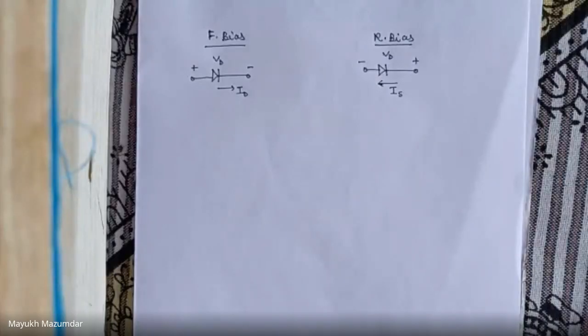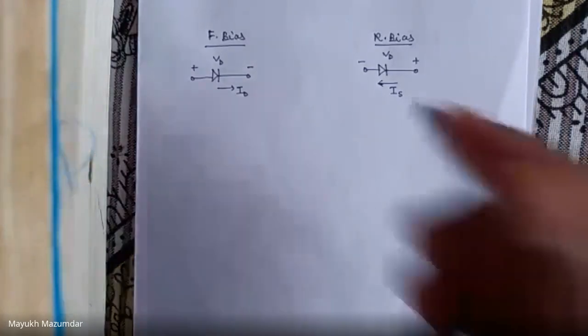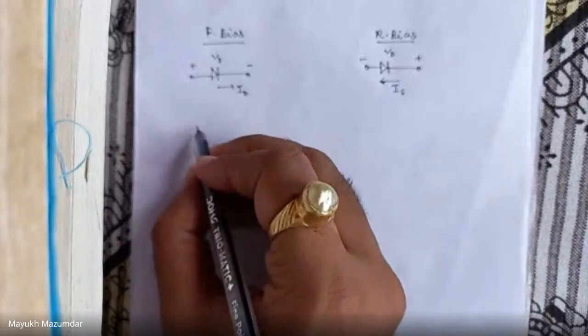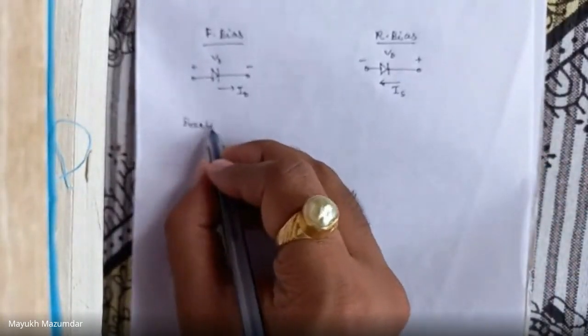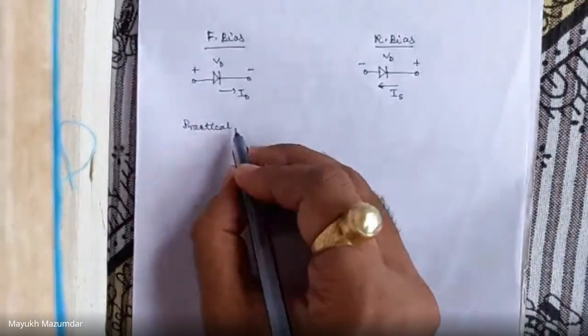Only a diode, not ideal or practical. Now will come the case of ideal and practical diode. Since our subject is practical oriented, let us begin with the practical thing.